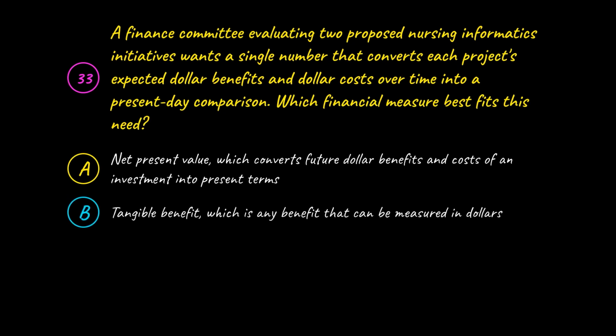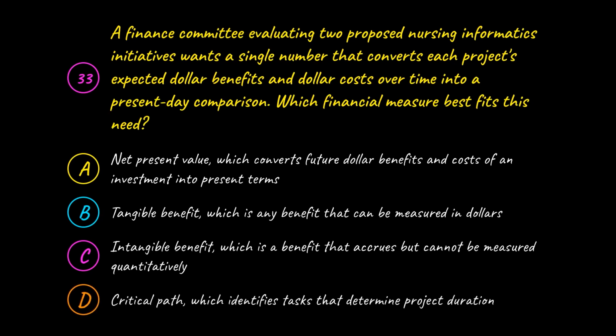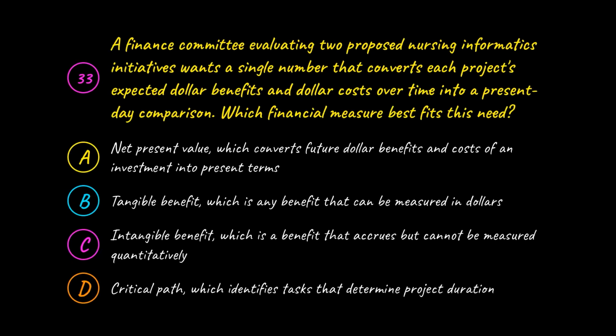B. Tangible benefit, which is any benefit that can be measured in dollars. C. Intangible benefit, which is a benefit that accrues but cannot be measured quantitatively. D. Critical path, which identifies tasks that determine project duration. Which one is it? Pause the video if you need more time.